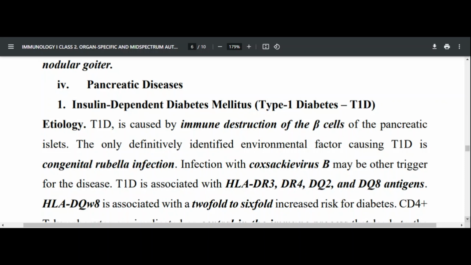If someone has congenital rubella infection, their children would also suffer type 1 diabetes. It is one independent contributing factor. Infection with Coxsackie virus B may be another trigger, and type 1 diabetes mellitus is associated with various human leukocyte antigens: DR3, DR4, DQ2 and DQ8.